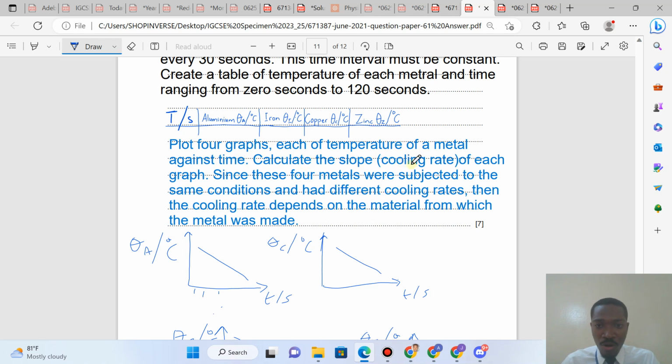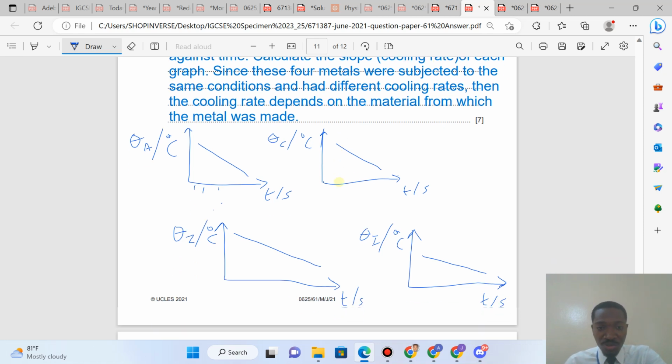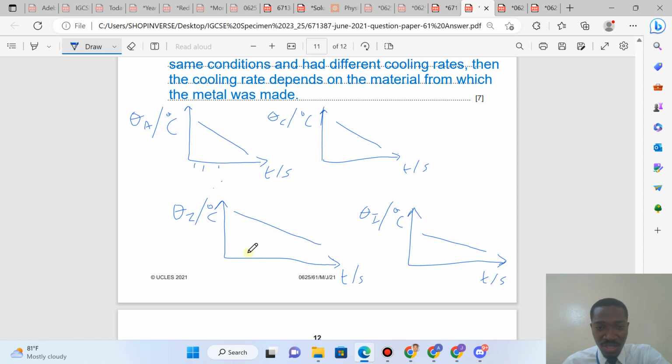Calculate the slope, that is the cooling rate of each graph, since these 4 metals were subjected to the same conditions and had different cooling rates. So after plotting the graph, you have to calculate the slope. The slope gives you the cooling rate. Trust me, if you do this correctly, you plot the graph and calculate the slope, you get the cooling rate.